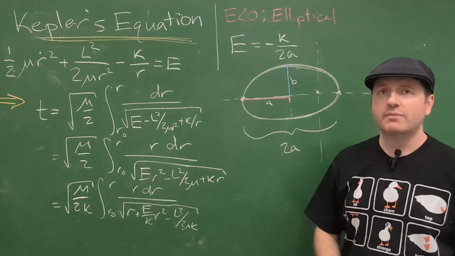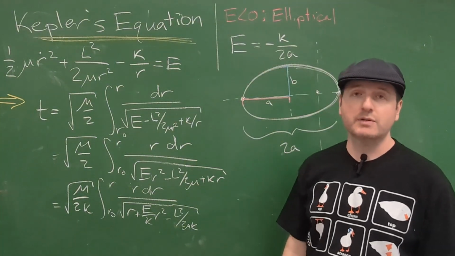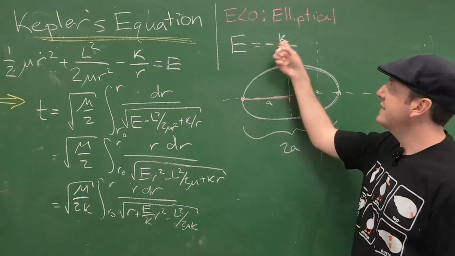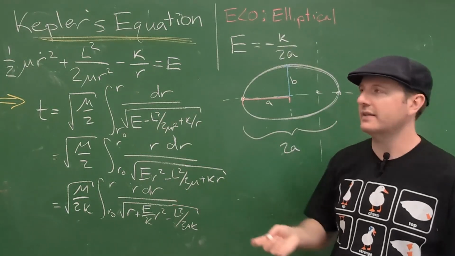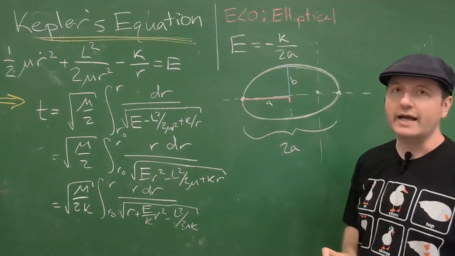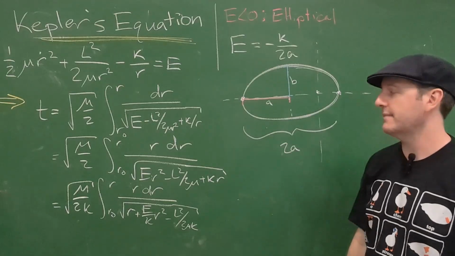And as we've done in a previous video, we end up with this nice relation that the total energy of an elliptical orbit is minus this kappa, which again, we're thinking of like GMm, something like that, divided by 2a. So that's kind of nice. And it is a negative number because, of course, this is a bound state.